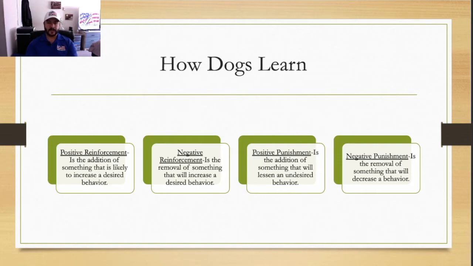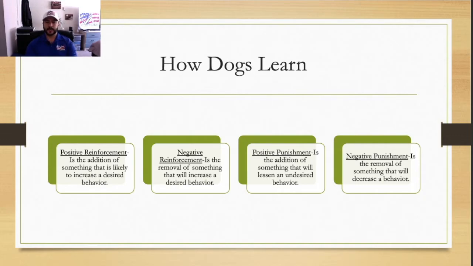Pet parents, if you don't know this, here are your examples. On the positives and negatives, whenever you hear positive, whether it's positive reinforcement or positive punishment, that means we're adding something to the equation. If you hear anything about negative reinforcement or negative punishment, that means we're taking something out of the equation.